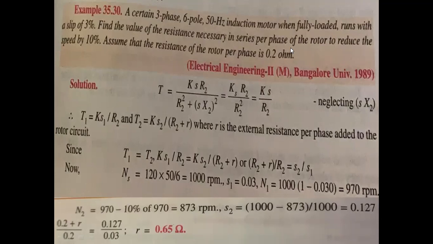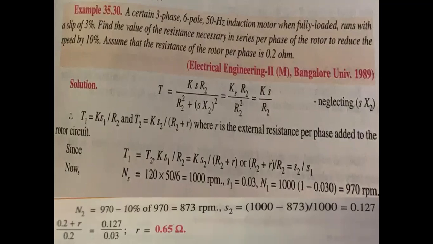This is the rheostat method: if you add resistance, we can control the speed of the induction motor. So this is the speed control by adding resistance problem.